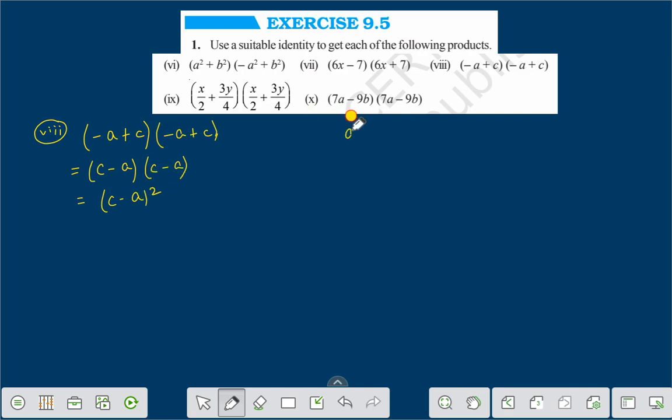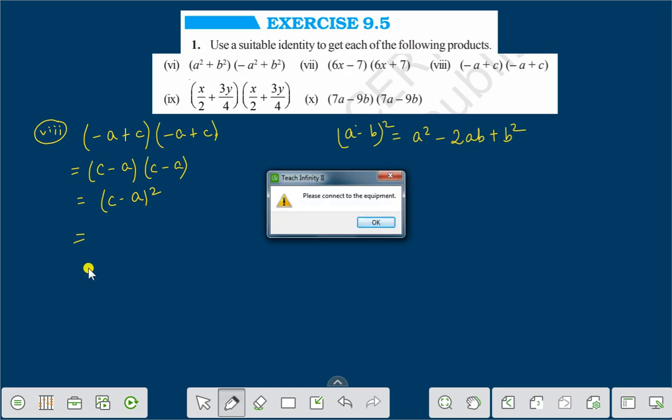We apply this identity, that is a minus b whole square is equal to a square minus 2ab plus b square. That we are getting here as c minus a whole square.